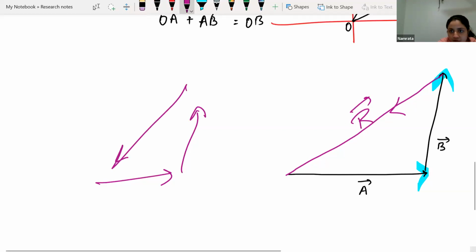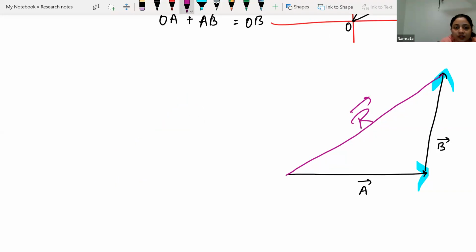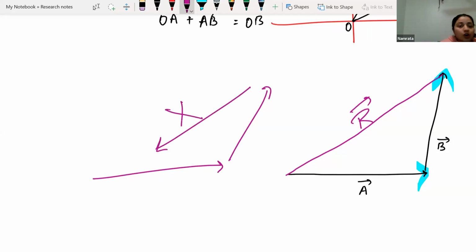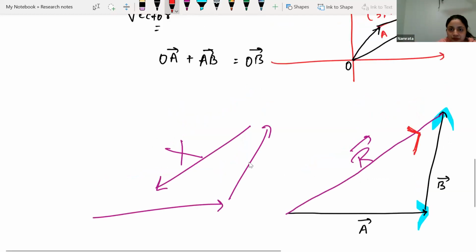I believe I have drawn it incorrectly. One side is like this, another side is like this, then the third side will not be like this. It will be in the reverse direction. That means the direction of the resultant vector will be like this, if you can see the red arrow. It will be in the opposite direction.